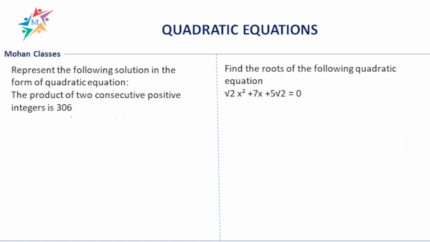Here, represent the following situation in the form of a quadratic equation. Now we have to represent the given condition in the form of a quadratic equation. Product of two consecutive positive integers is 306. Let the first positive integer be x.